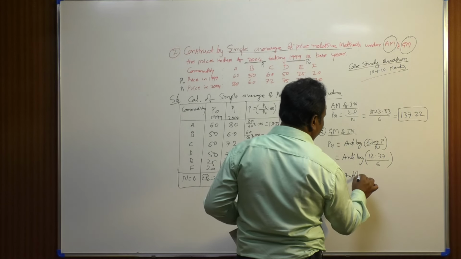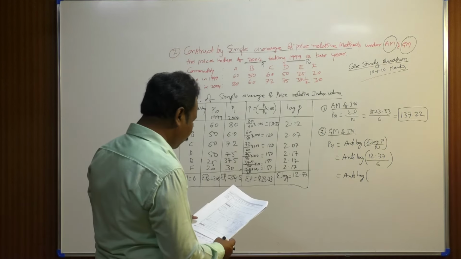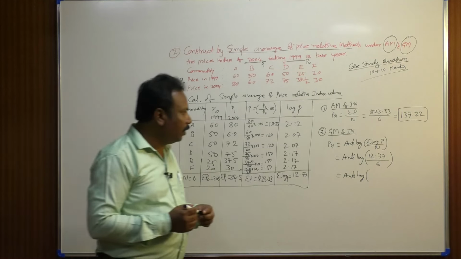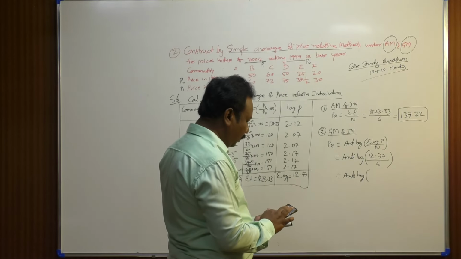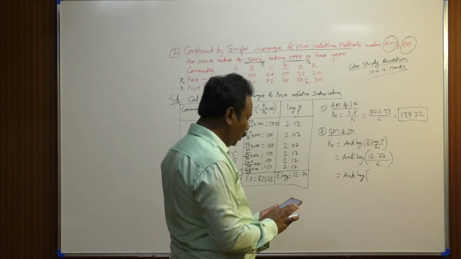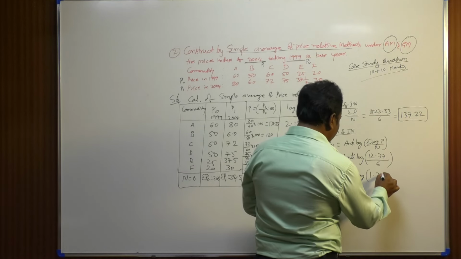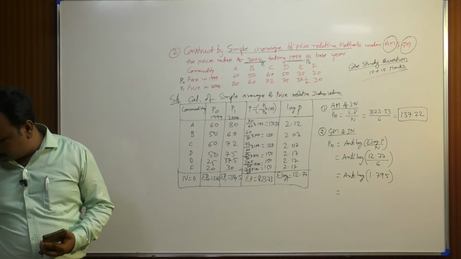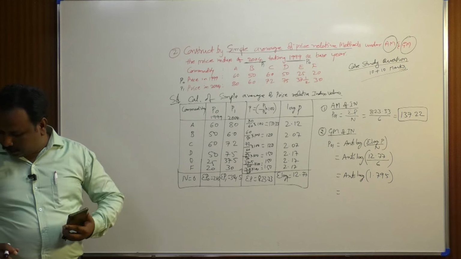So antilog of 12.77 divided by 6 equals 1.795. So, antilog of this, 1.7.